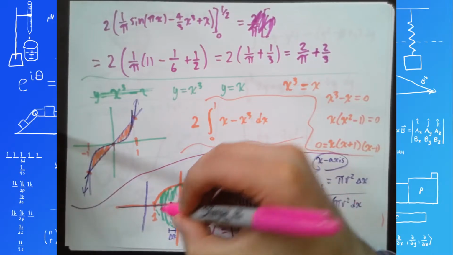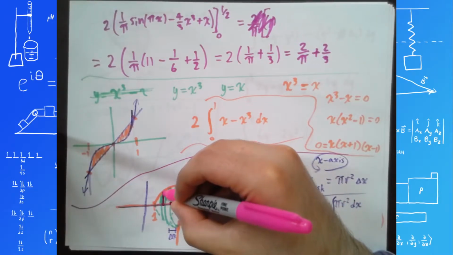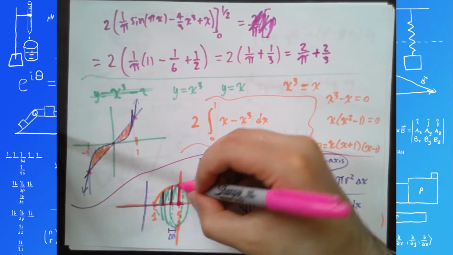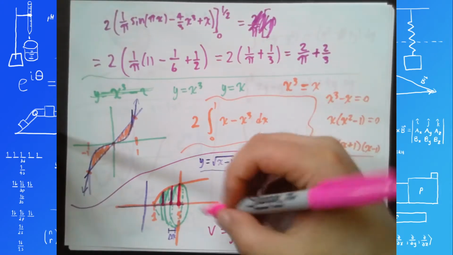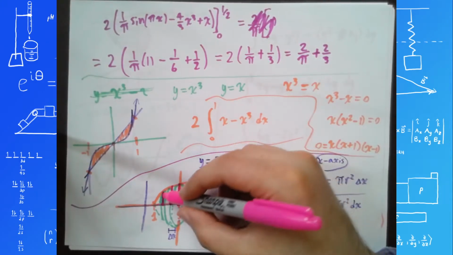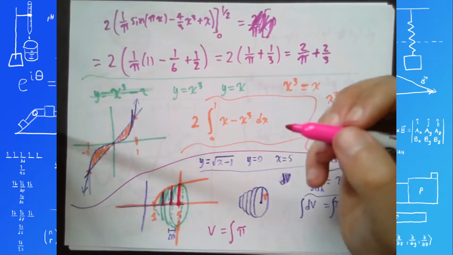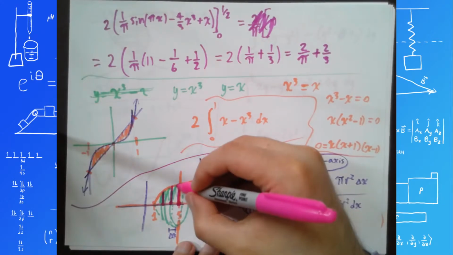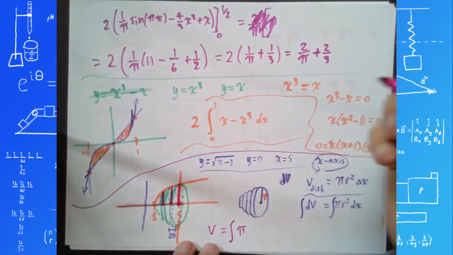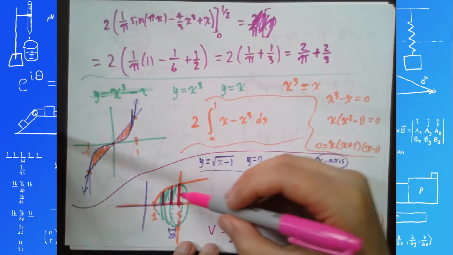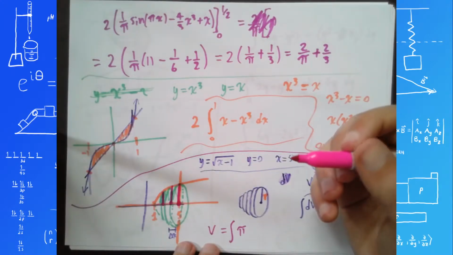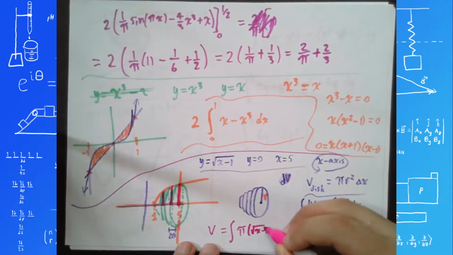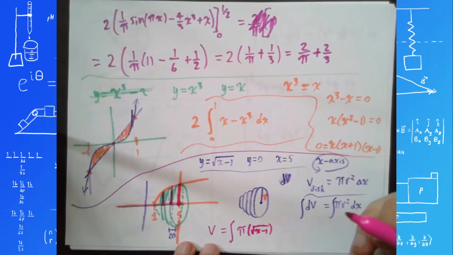And so for each and every individual disk, its radius is just going to be the distance from the center, our x-axis, to the rim of the disk, which is always going to be touching this curve. Therefore, the radius is the distance from this curve to the x-axis, so square root of x minus 1 minus 0.